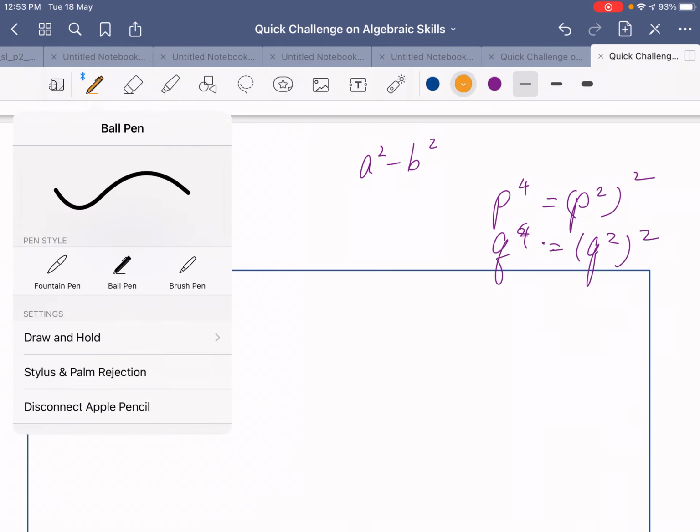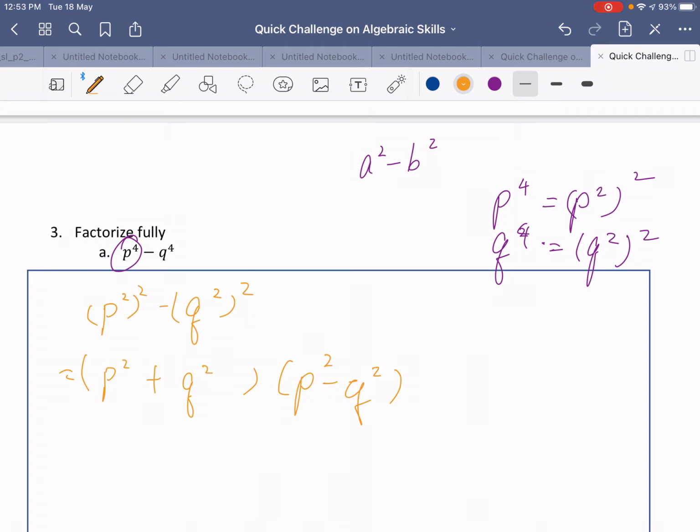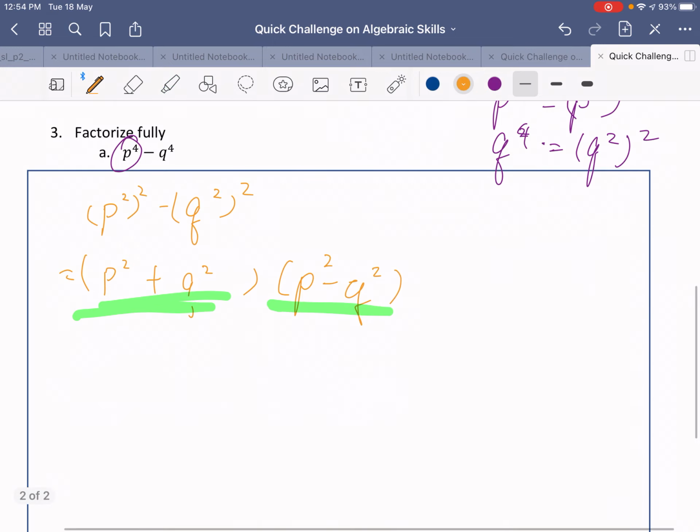So p squared minus q squared equals p squared, q squared, p and p, in two brackets, one plus and one minus. Then this is done, but this could be done a bit more because we have a squared minus b squared there. So from previously, we just copy whatever we didn't do, and then we start working on those.